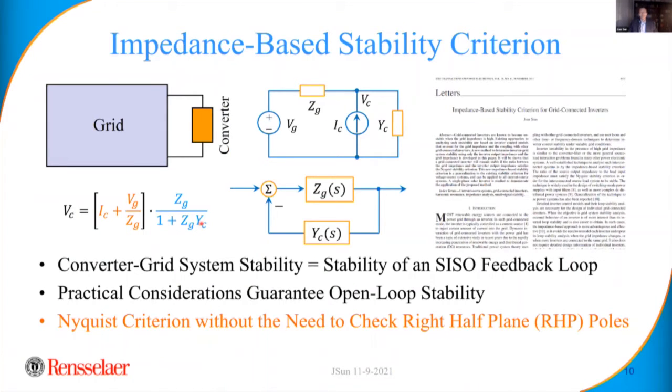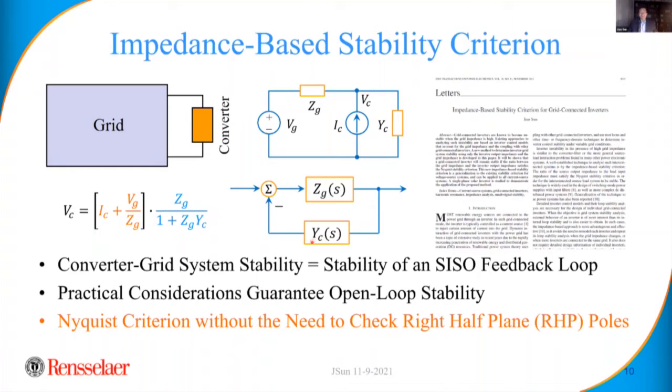And once you check there are no right-half plane poles, then you know this system is stable. So it's not necessary to work with the feedback loop like that. But the feedback loop, because of practical considerations, simplifies the problem and gives us a lot more insight. And that's the reason for using this kind of feedback model. So that's the basic idea.